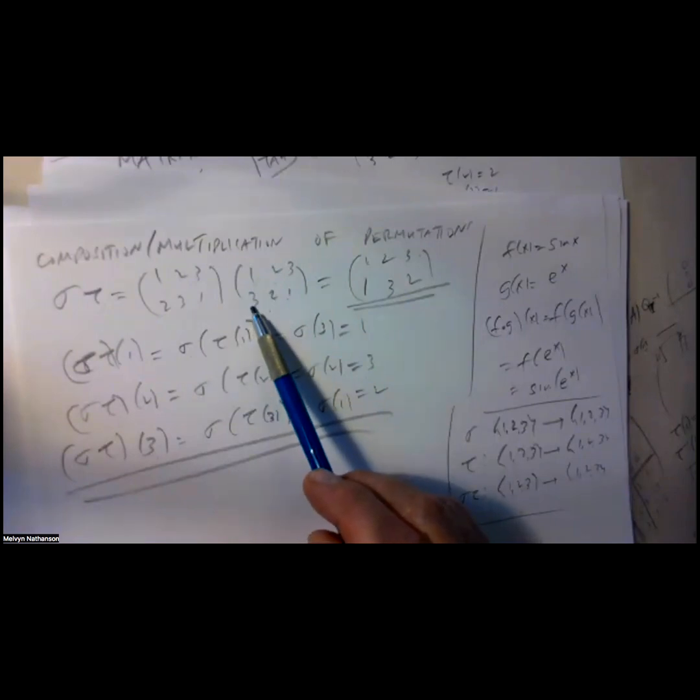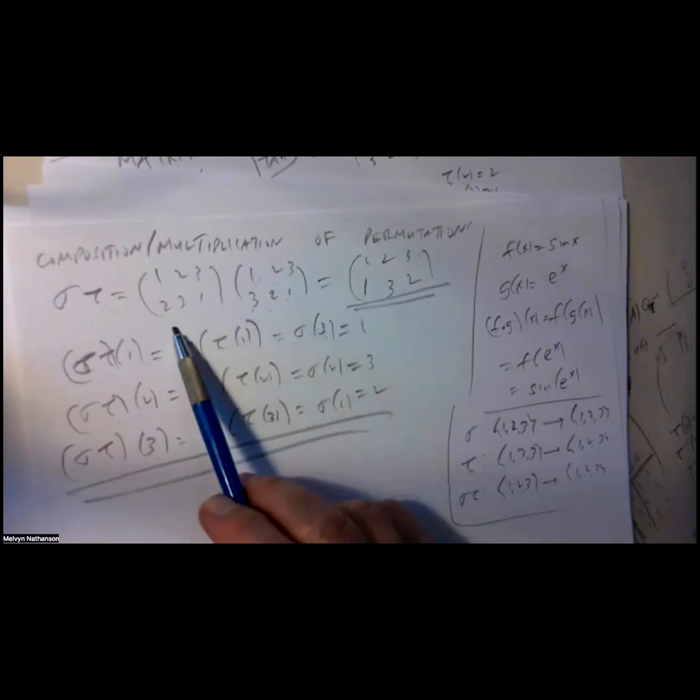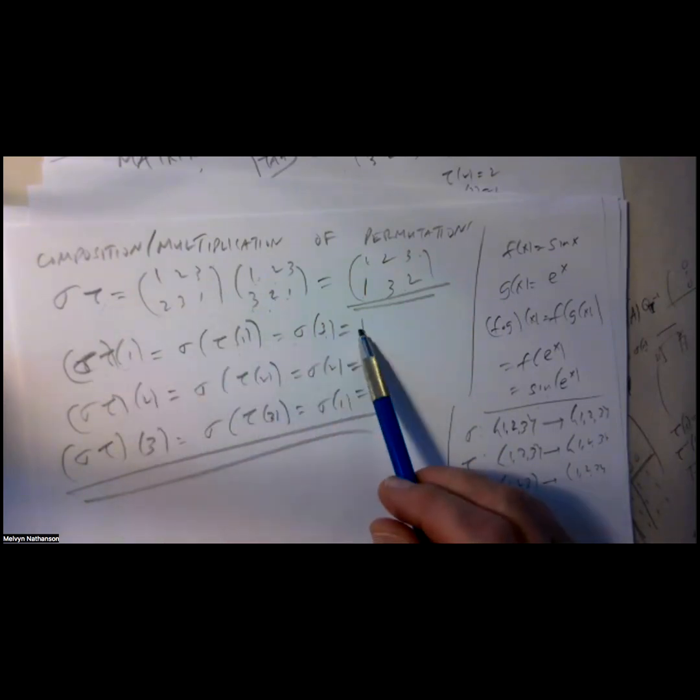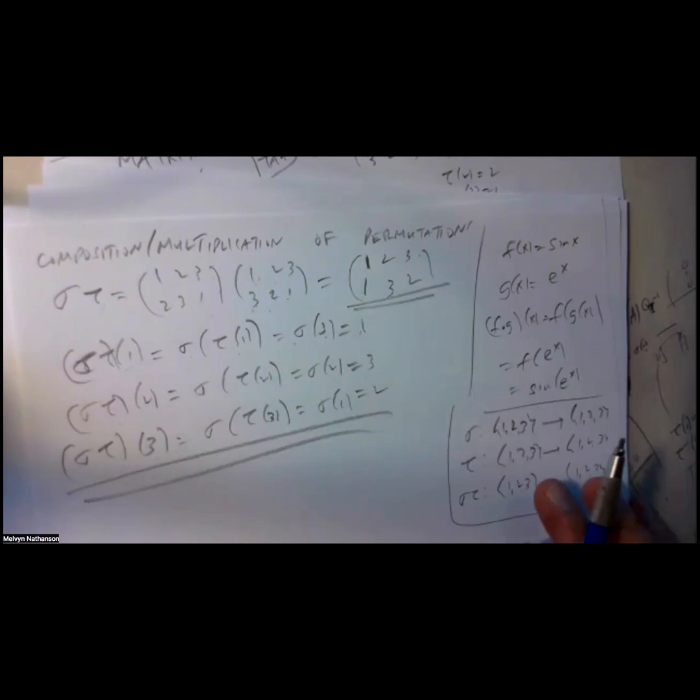So sigma tau of 1, this is composition. This means sigma of tau of 1. Tau sends 1 to 3. Tau of 1 is 3. So sigma of tau of 1 is sigma of 3. Sigma of 3 is 1. So sigma tau of 1 is equal to 1. So the composite function, or the product of these two permutations, sends 1 to 1.